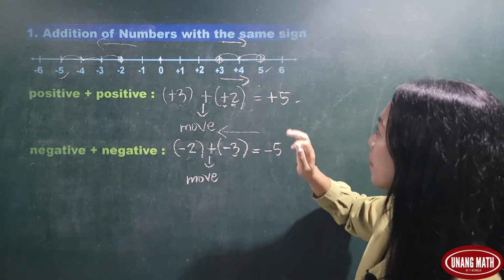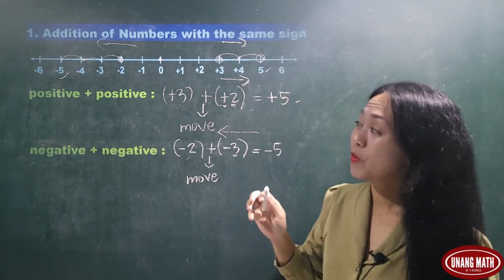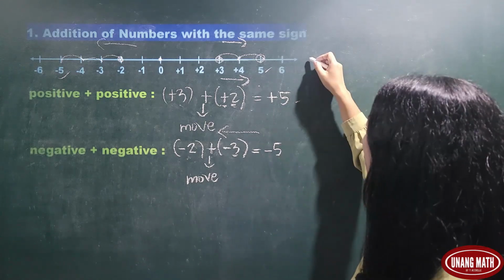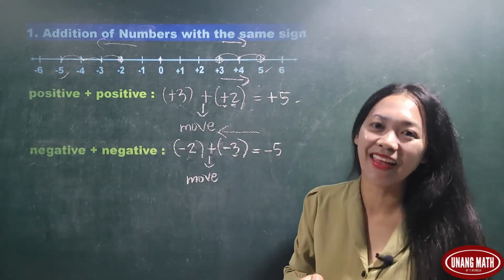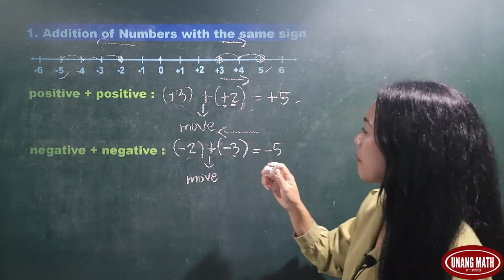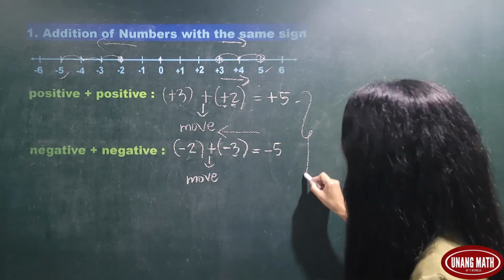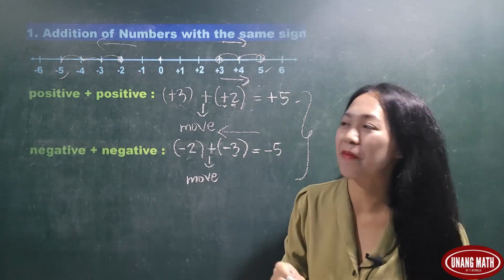In addition of numbers with the same sign, we cannot just draw a number line every time we are adding numbers with the same sign. So what we need to do is understand the rule based on our examples.